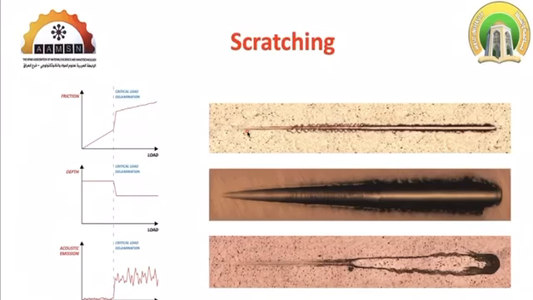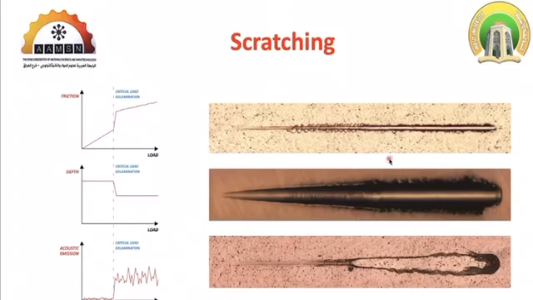A scratching test is moving the indenter on the surface, on the coated surface, from zero load to the maximum load, and monitoring events like coefficient of friction, the depth, and here acoustic emission. So when there is a sudden increase in the coefficient of friction, or a sudden change in the depth, and a sudden acoustic emission, this means that there is a fracture, or there is a delamination of the coating.